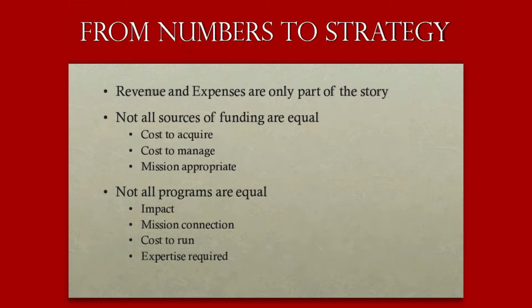And it's not enough just to know how much revenue you need. We have to understand what revenue sources are right for our organization based on its size, its history, its area of focus, because not all funding sources are equal. Some of them are very expensive to acquire. Gala revenues, fundraising event revenue, are really expensive.